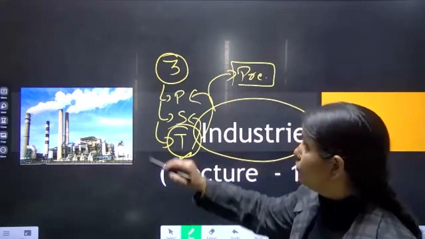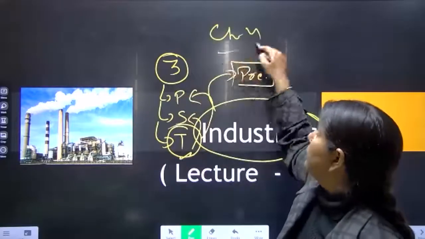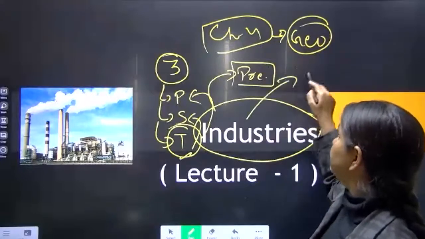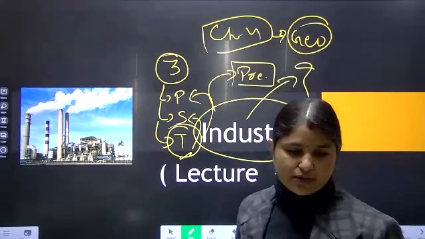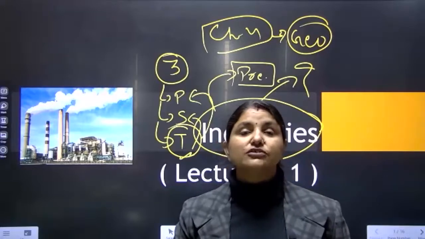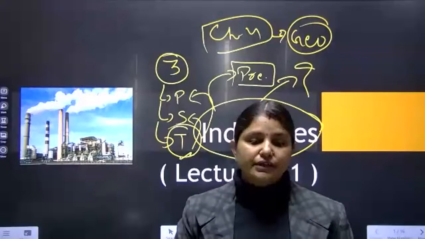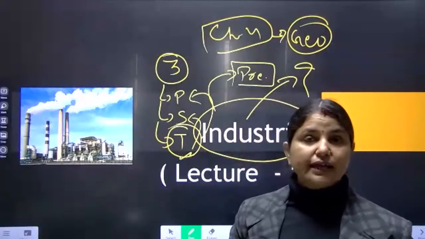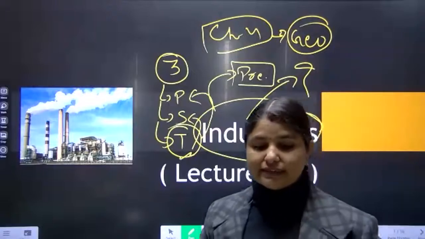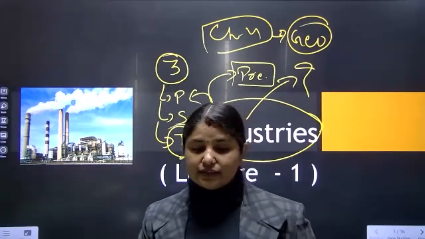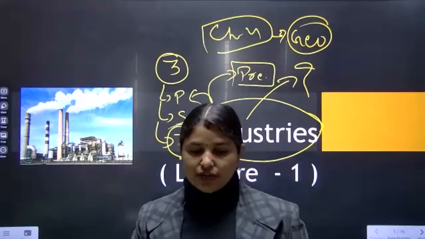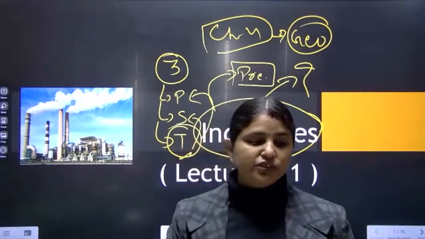So according to the previous geography chapter, if I ask you which type of activity industry is, our answer will be: industry is a secondary economic activity. The reason behind that is that in industry we are getting manufactured products.